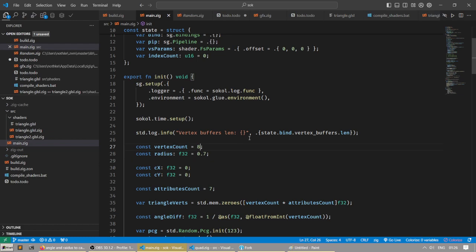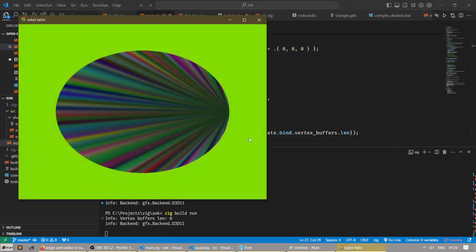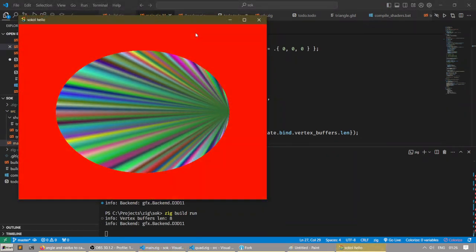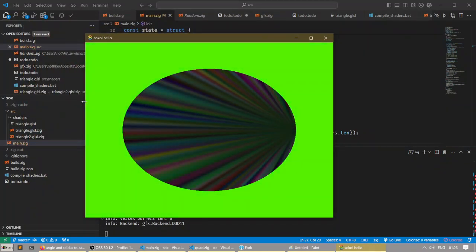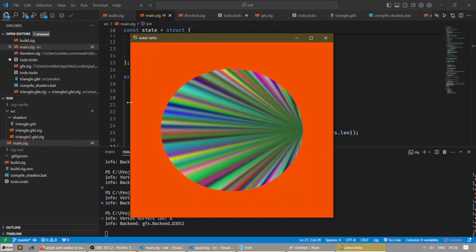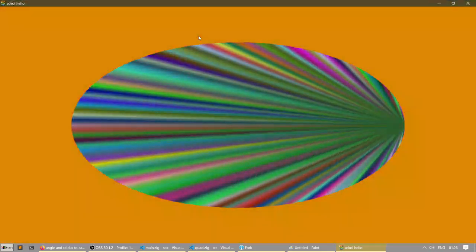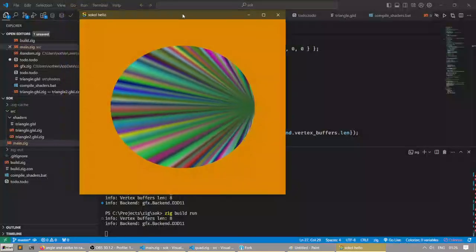And let's do 100. Because why not? Boom! Look at that circle. Look at that funky circle. It's so detailed. Wow. Beautiful.